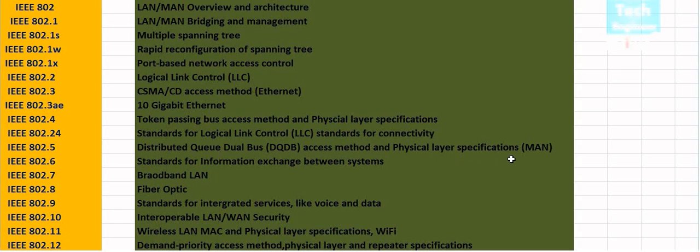So broadband LAN, for example, you might have encountered in a company, where you go to reception. For example, a small company or a hospital.